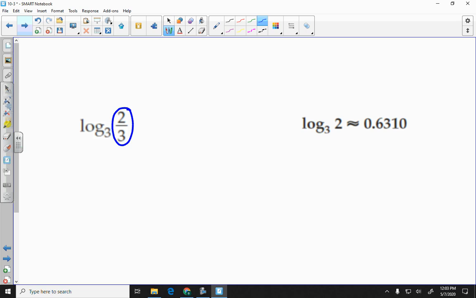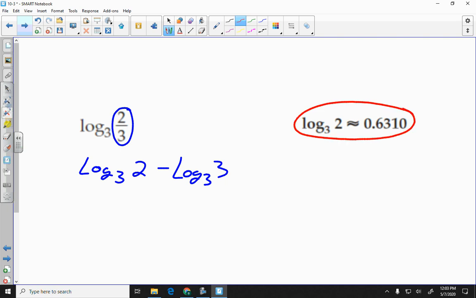I can rewrite this as the log base 3 of 2, and because it's divided, subtract and say log base 3 of 3. Now, in my old table, I know that the log base 3 of 2 is 0.6310, and I also know that the exponent on 3 to get a 3 is just a 1.